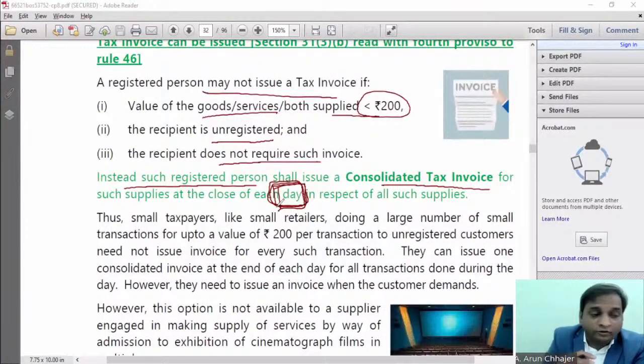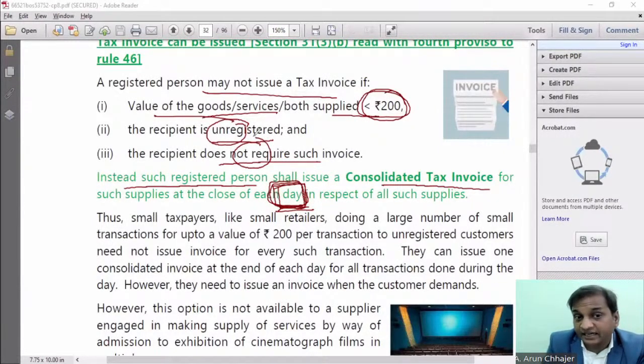Consolidation means for every transaction, I'm not required to issue the tax invoice. I can consolidate, and for each day, I will issue the consolidated tax invoice. When? If the value is less than 200, the recipient is unregistered, and he does not require an invoice.